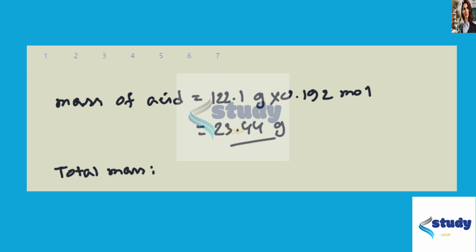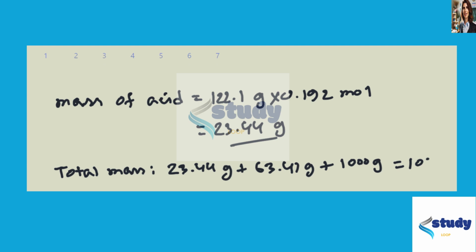If we sum up the acid mass, the base mass, and the mass of water, which will be 1000 gram water, we have the mass of acid as 23.44 gram, plus the mass of base 63.41 gram, plus the mass of water, which is 1000 gram, and the total mass will be equal to 1086.85 gram. So this is the total mass of the solution.